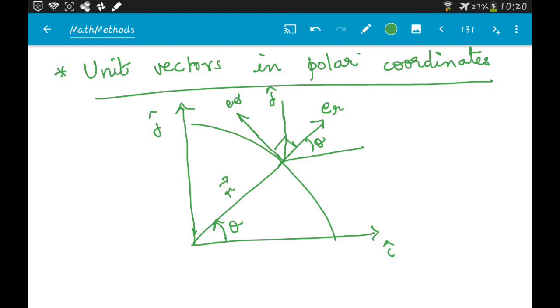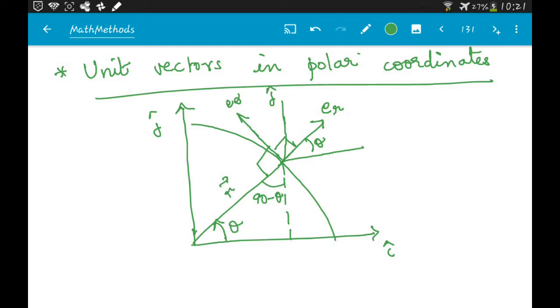And now if you see, this is theta. If this is 90 degrees, then this is also 90 degrees, so that it adds up to 180, and this is going to be 90 minus theta.